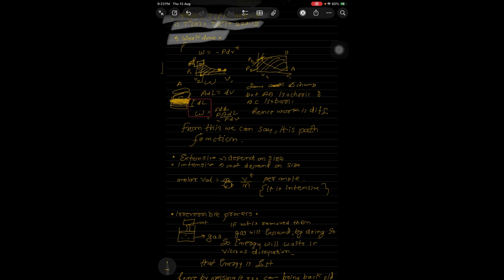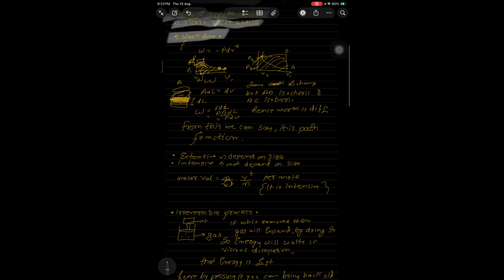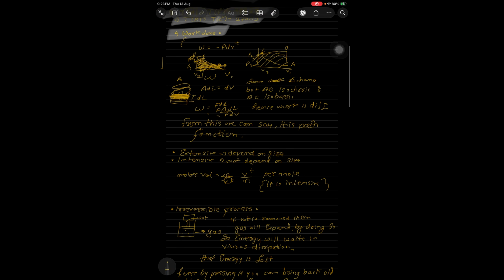There is a change in volume and change in pressure, and the work has been done. Work is pressure into the volume. So this area is the work done on the system or by the system, depending upon the situation.